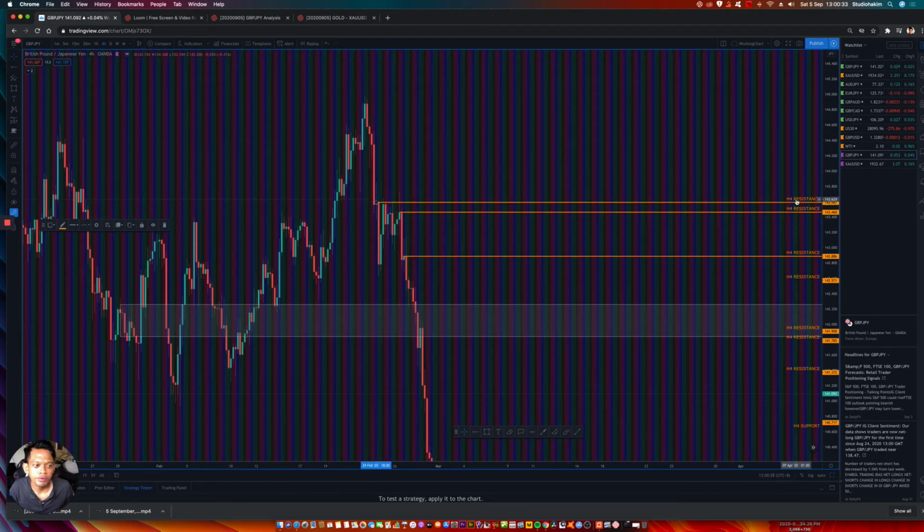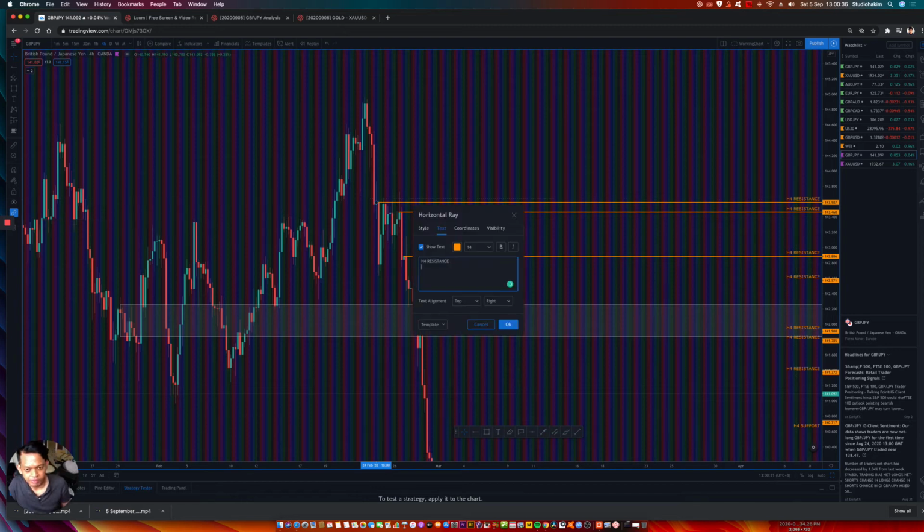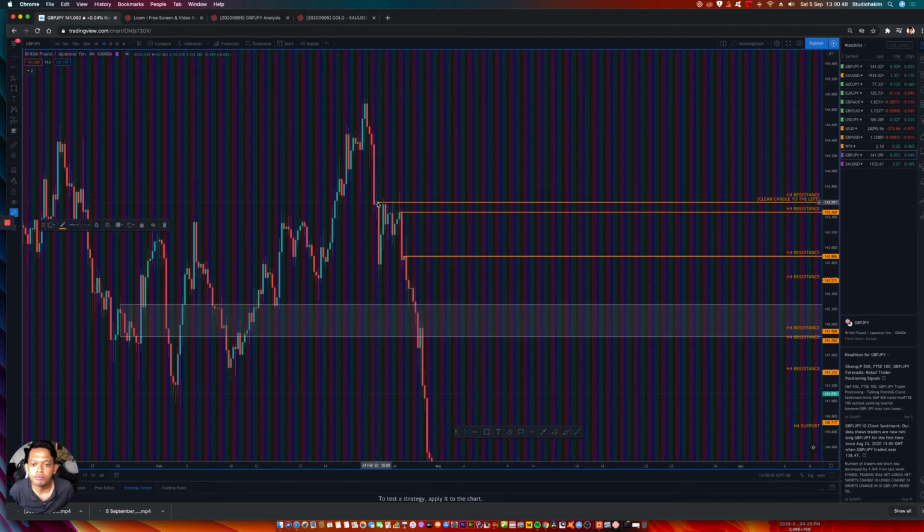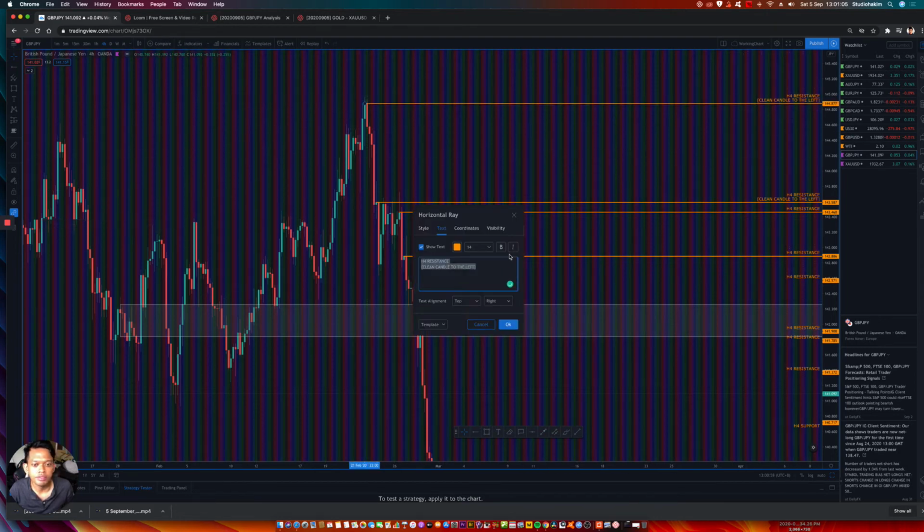So when I plot this H4 resistance, I just type in here clean candle to the left. So if the price presents me this opportunity, I might be looking for clean candles to the left. Price target at first at 144061, then potentially going even higher to reach 144847. So that is what is going on in my thoughts.